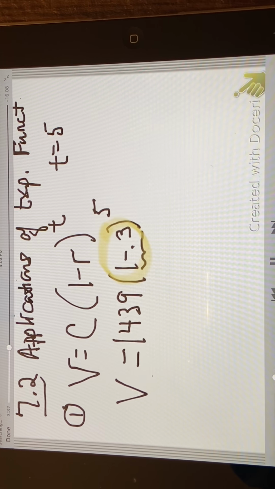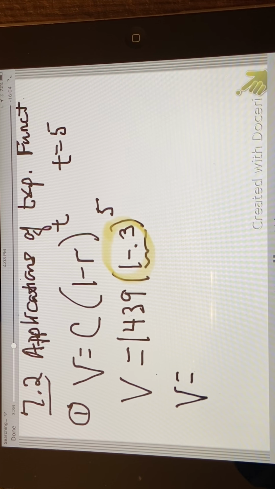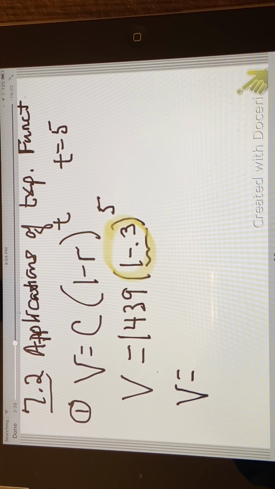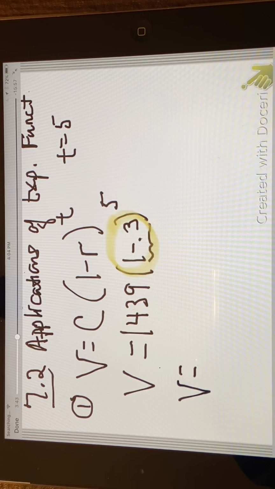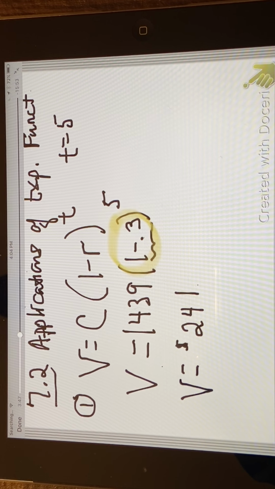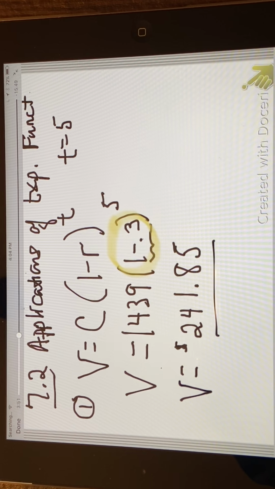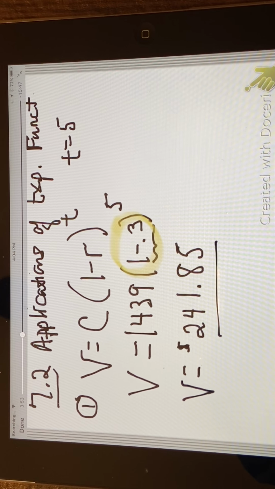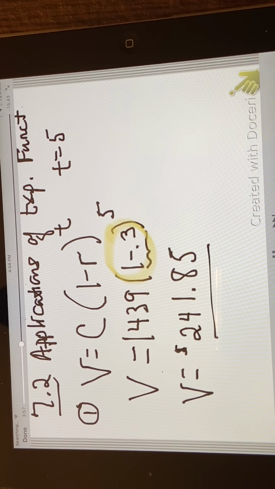So you just stick this in your calculator and you end up with how much this particular machine is worth after 5 years. And so the value I end up with is $241.85. And that's all you're doing. So hopefully that one wasn't too bad. Hopefully you have your calculator with you.